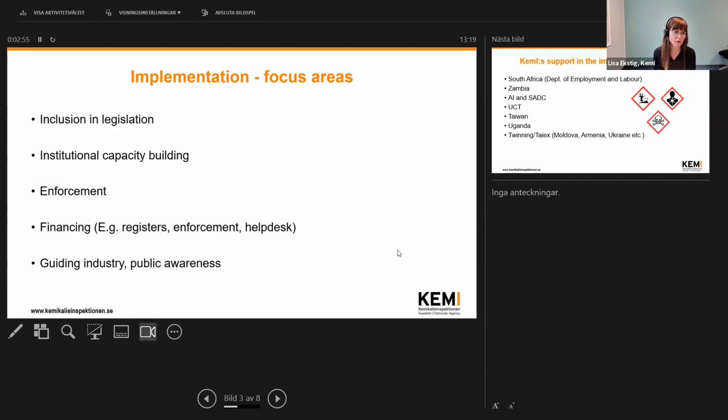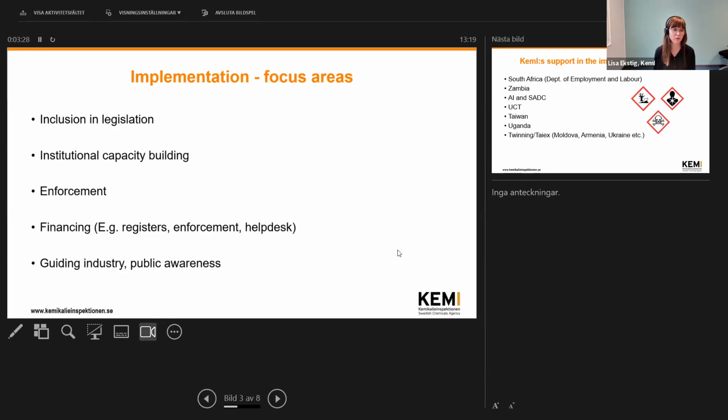We have also worked a lot with institutional capacity building to support in that, both when it comes to knowledge about the GHS and criteria, and when it comes to financing, how you can arrange that. And of course, enforcement, we think that's really important, because it's the only way to know if legislation works and make it work.